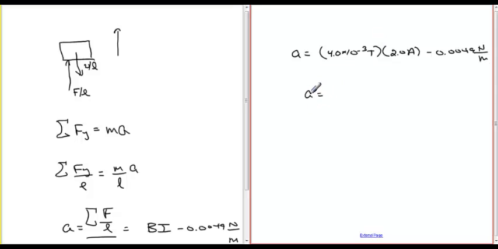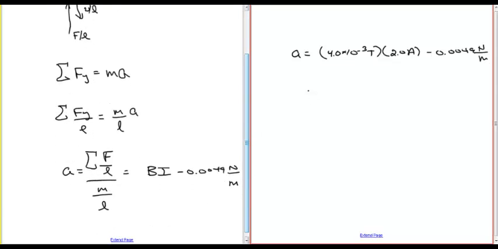And so our acceleration is going to be equal to, actually, I forgot to divide. Yeah, I forgot one thing here, didn't I? I've got to divide by my mass per unit length, which was 0.0005 kilograms per meter.